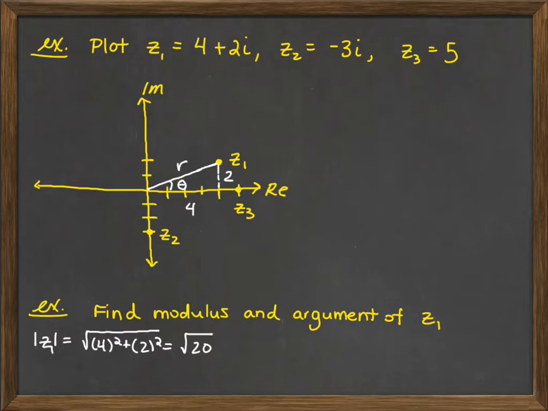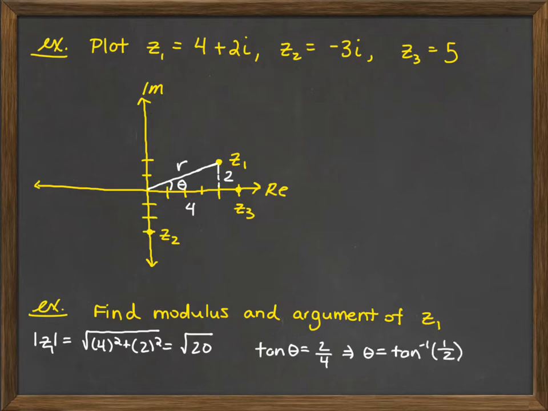And our argument, theta, is going to be, let's see, I'm going to run out of space if I write argument. So we've got that the tangent of theta is equal to 2 over 4, which is equal to 1/2. So we say that theta is the tangent inverse of 1/2.